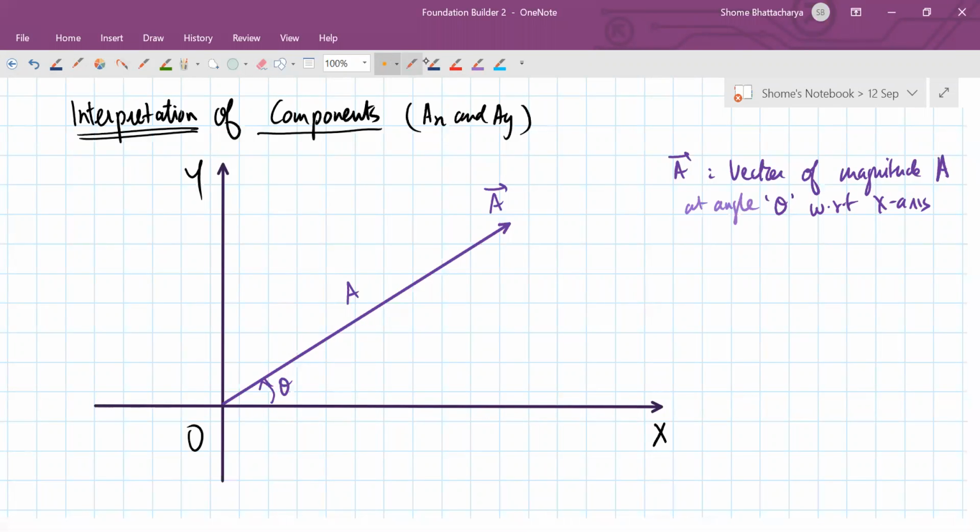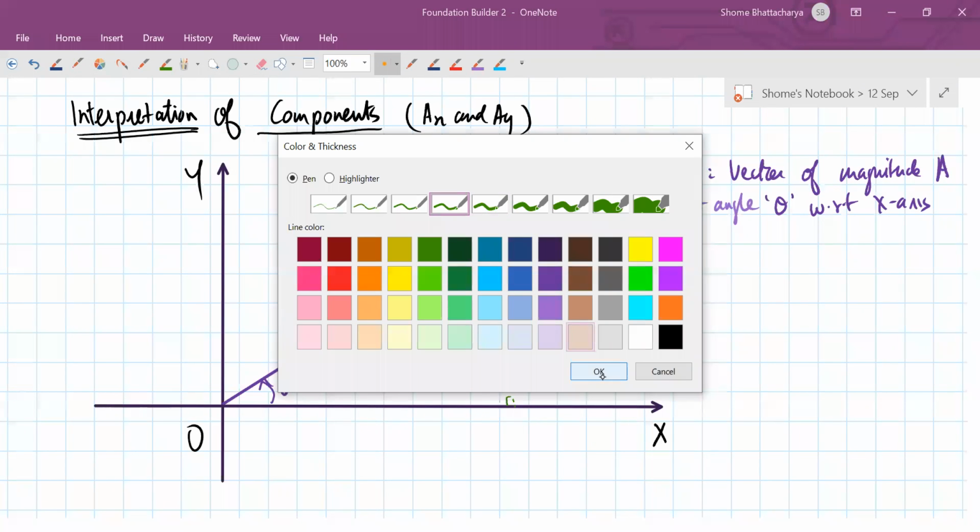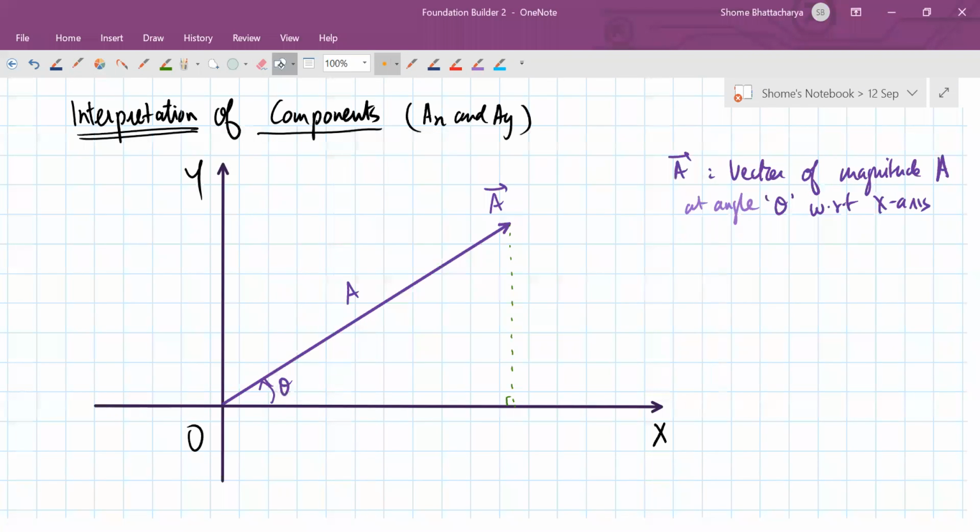All right. So now next thing you'll see, if I drop a perpendicular onto the x-axis, then for this right angle triangle that I've drawn here, you will realize that the base of this triangle is nothing but my x component.